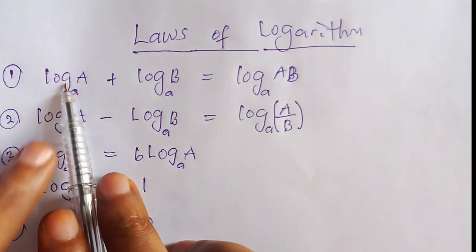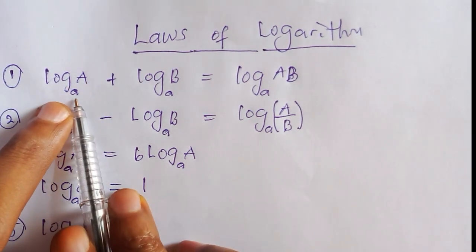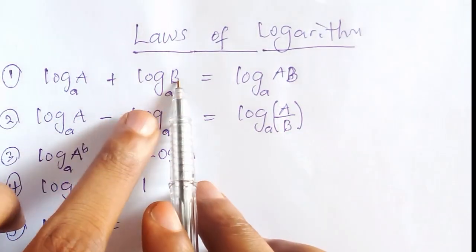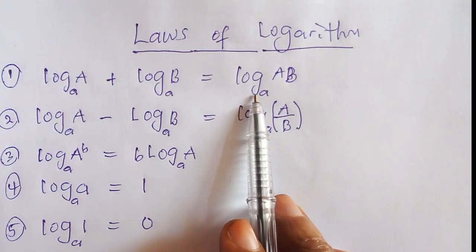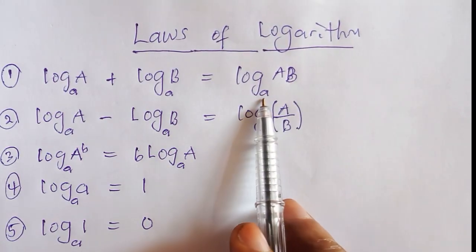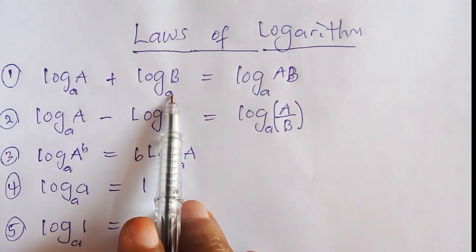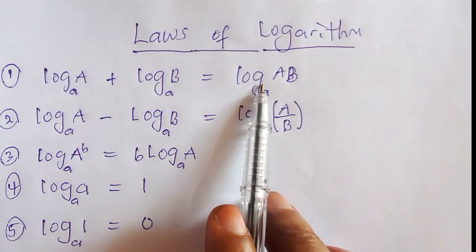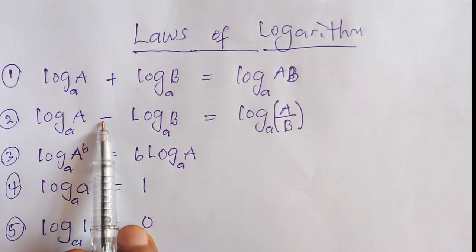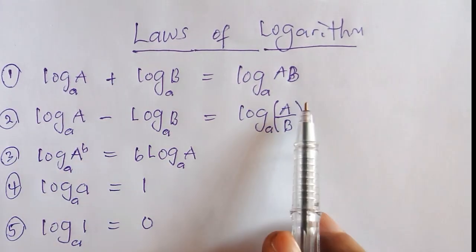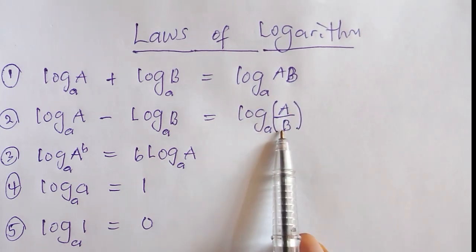If we have the log of a to a base a plus the log of b to a base a, it is equal to the log of ab to the base a. I mean, when we are adding, the base must be the same, then it becomes multiplication. The same thing goes when it is minus, it becomes division. When we subtract, it turns to division.